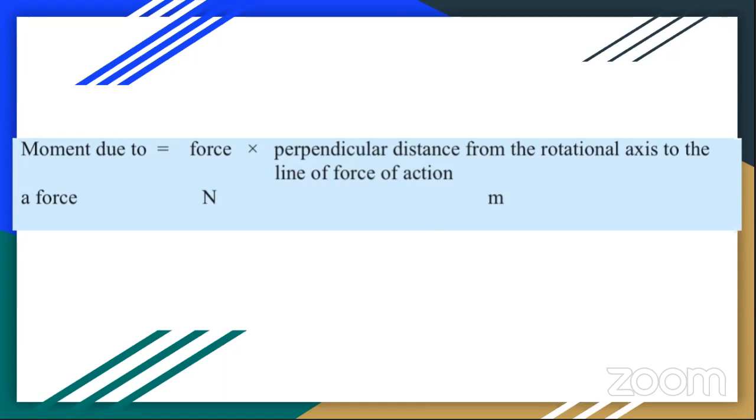Moment due to a force is equal to the force multiplied by the perpendicular distance from the rotational axis to the line of action of the force. Force is measured in Newtons and distance in meters.